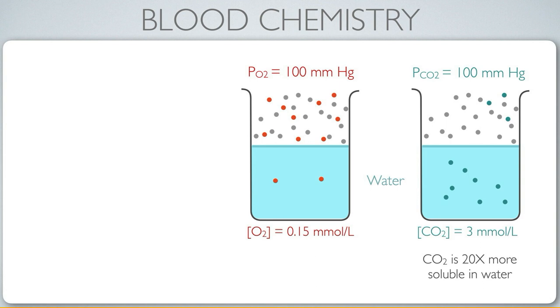Now we might ask the question, is water a reasonable model for blood? Blood's got proteins, you've got red blood cells, all kinds of stuff. Is water a reasonable approximation? And one thing we can do, and physiologists love to do this, is to provide a sort of back of the envelope calculation just to see whether or not we're in the right ballpark. Is this a reasonable model or not?